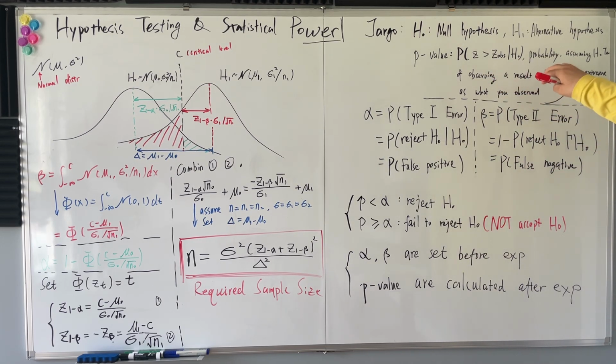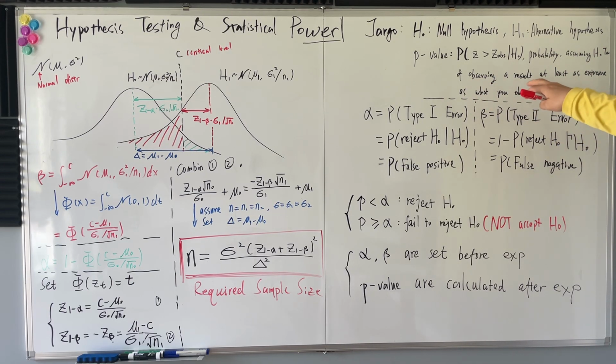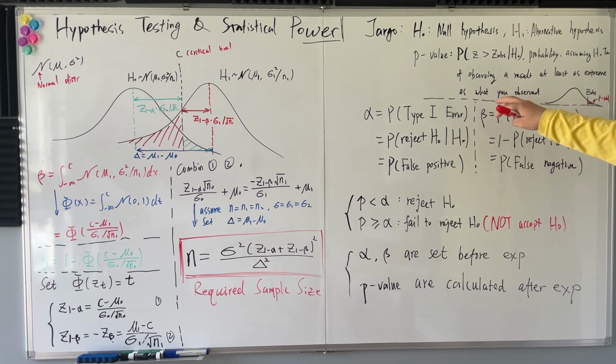Put in plain words, it is the probability, assuming H naught is true, of observing a result at least as extreme as what you observe. It's almost like putting it into a graph. If you see this is a distribution, and this is a z observation, then the p-value will be the red shaded area.